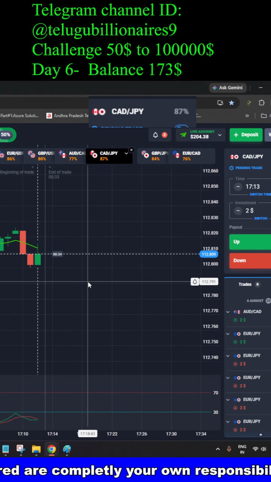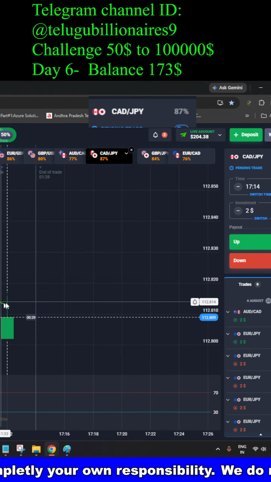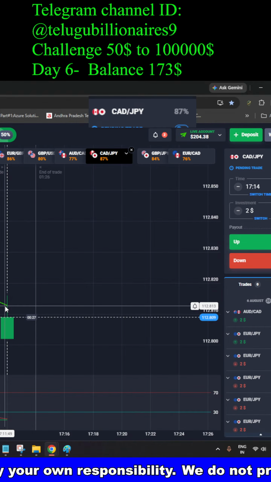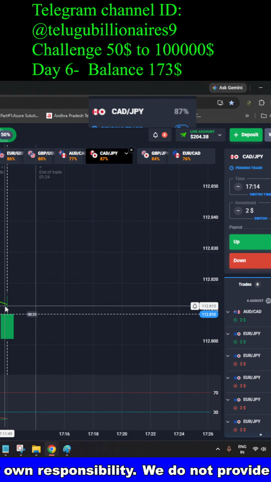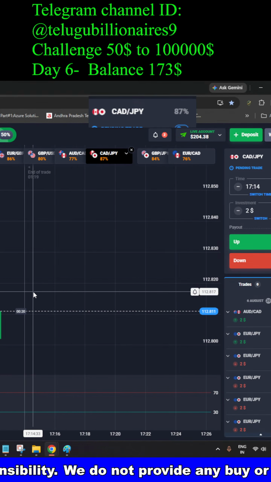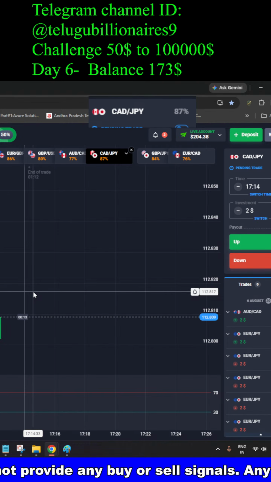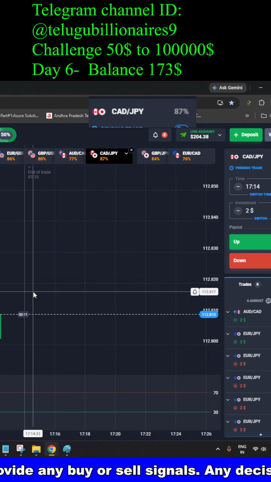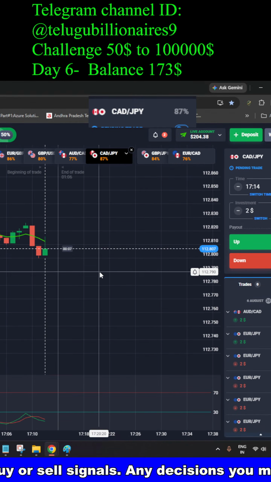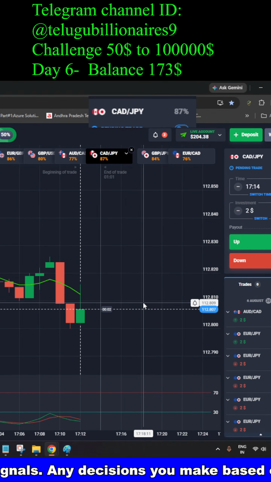This is valid, yaar. Two candles. This is valid. Good margin entry near the moving average. I will try here.